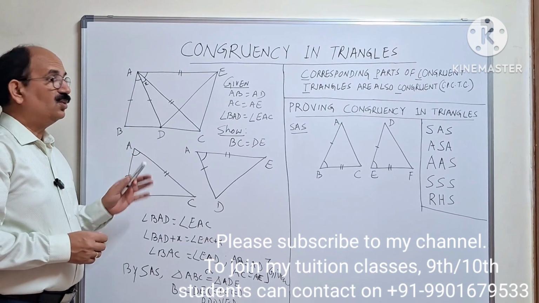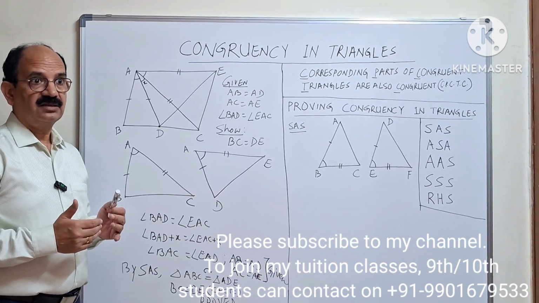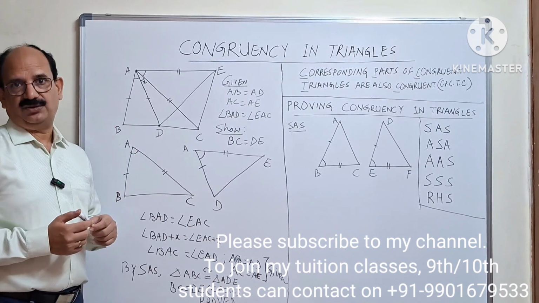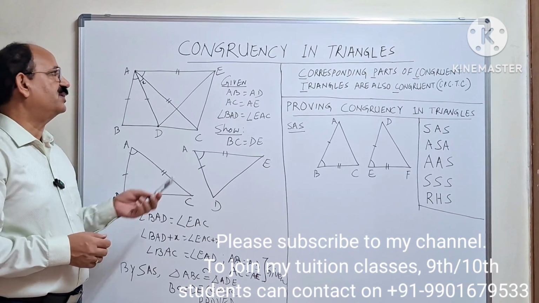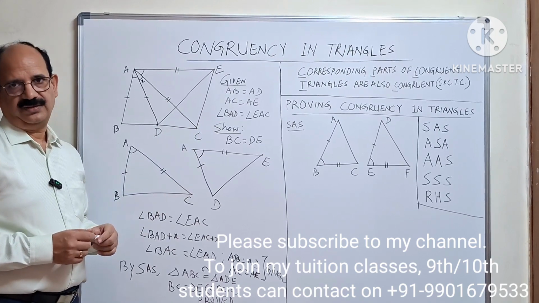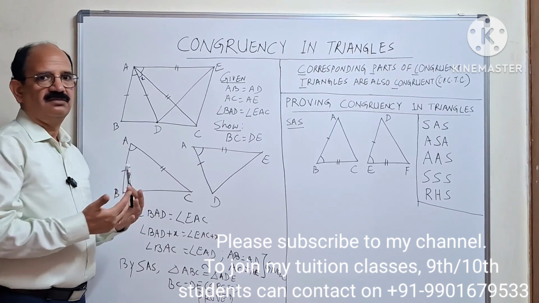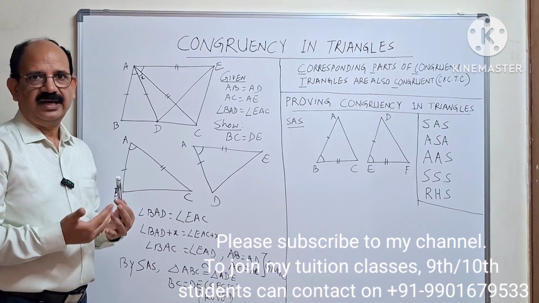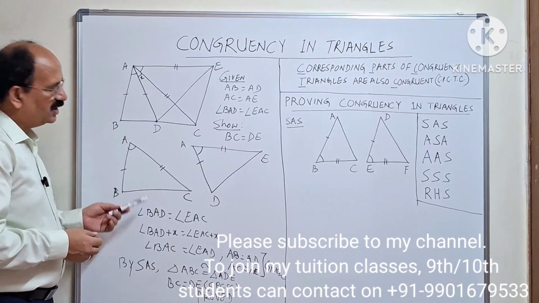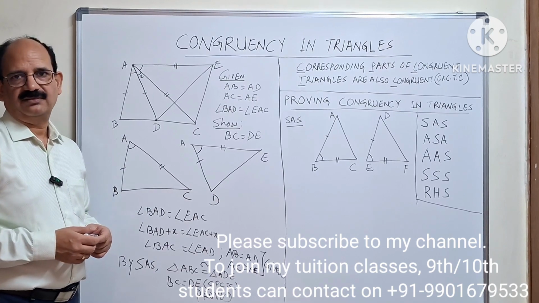Also, we need to learn and practice which two triangles we need to choose. Of course, that is also dictated by what is given and what is to be proved. When we apply these criteria and concepts, we should be able to prove any problem related to congruency.